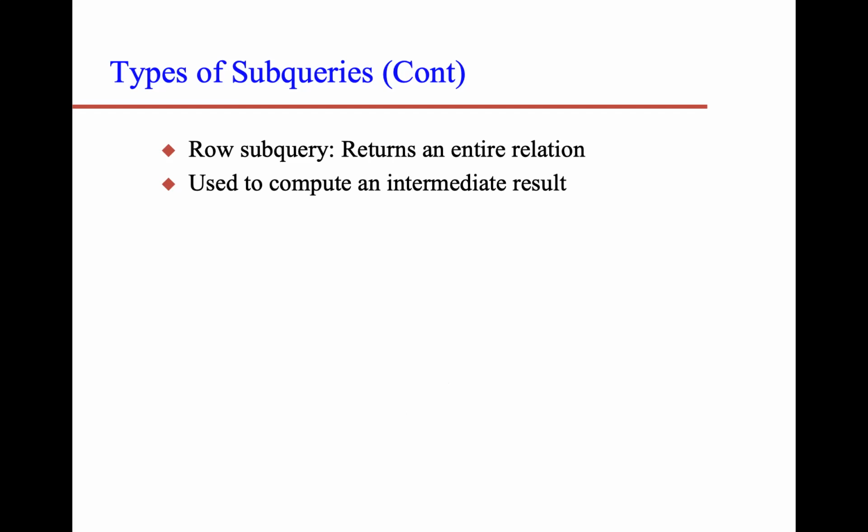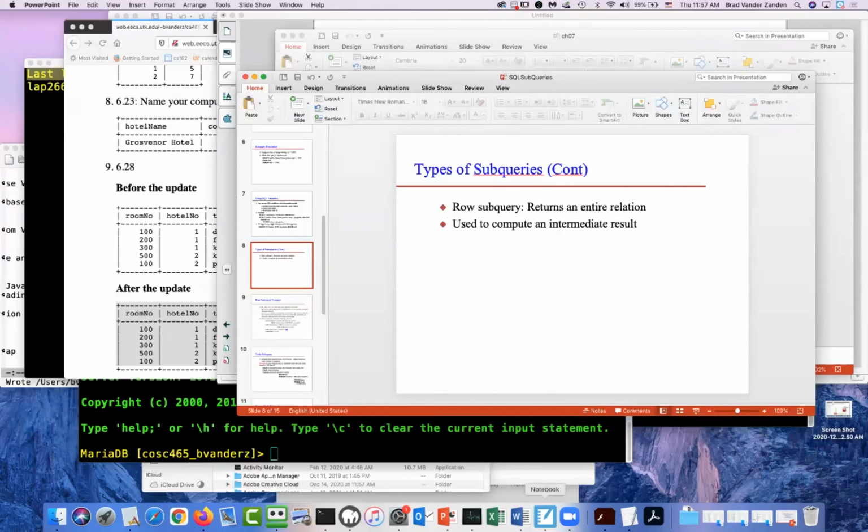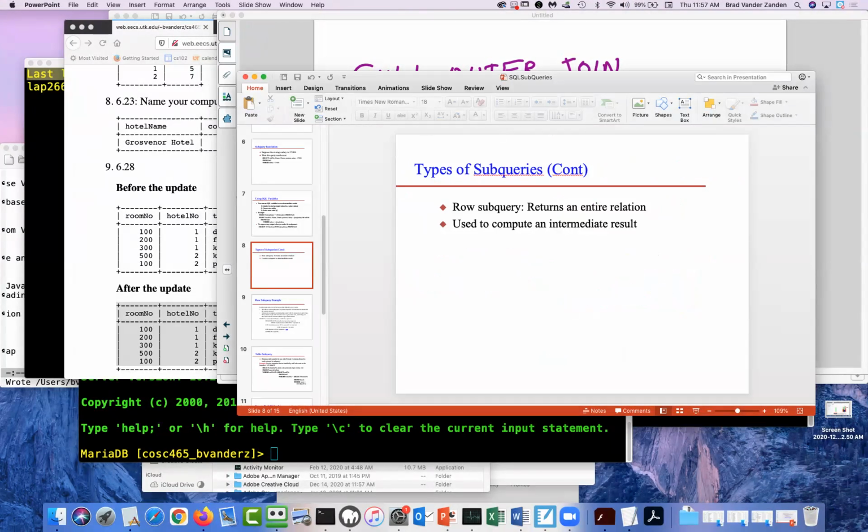So earlier, when I showed you how to do a full outer join, this actually was using two row queries. This produced a table, this produced a table. Each of them was an intermediate result, which I unioned together to get my final result. So that's one example of a row query.